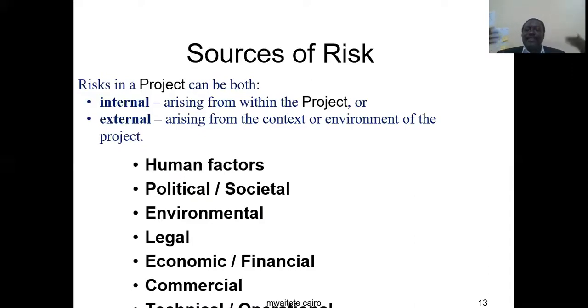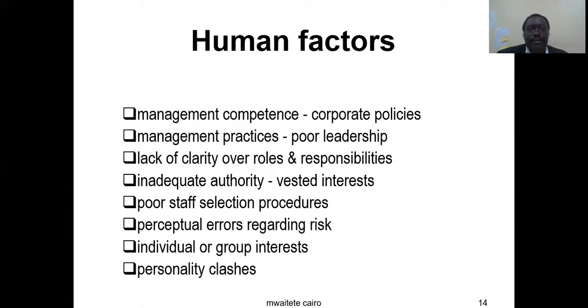These things are very important for a manager to know. If you underestimate political change, it may come and hit your projects. If you underestimate the competency among your staff, it may come and hit your projects, and that is also a problem.